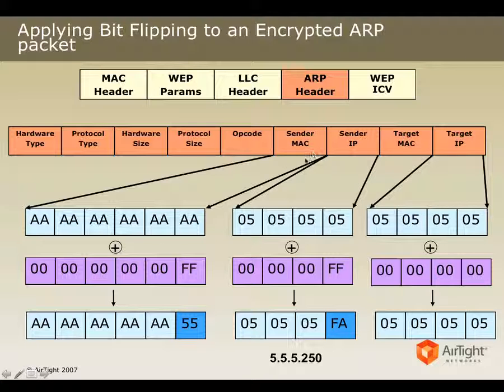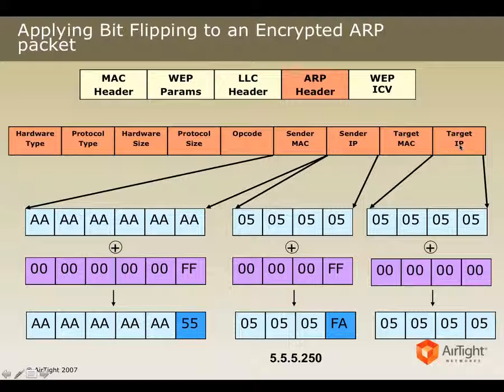Basically, you would have multiple fields, and what we are concerned with is that the ARP header itself typically consists of 4 important fields. There are others as well, but we are not bothered. The sender MAC address, sender IP, target MAC and target IP address.